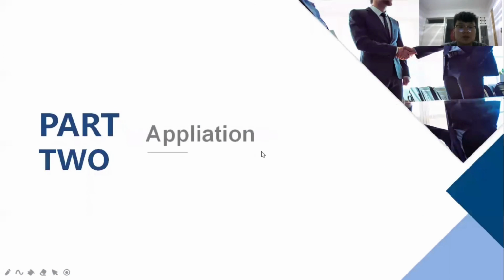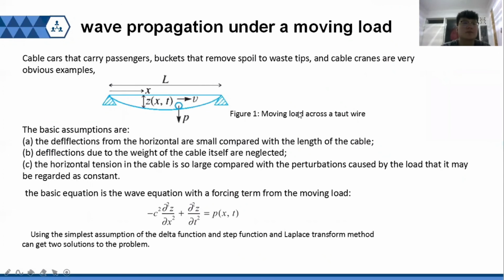For part 2, the application. The application is wave propagation under a moving load. Look at figure 1, the moving loads across a taut wire. There are 3 basic assumptions. The basic equation we use is a wave equation with a forcing term from the moving loads like this. We can use the simplest assumptions of delta functions, step functions, and the Laplace transform method.